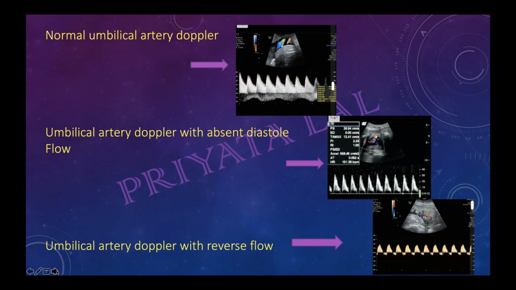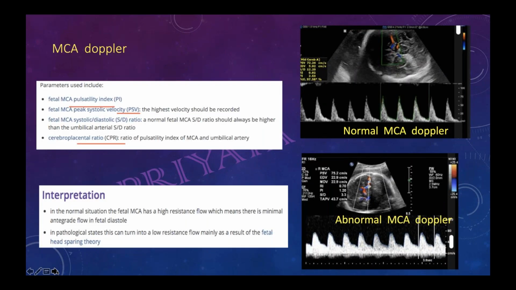Okay. Now another term that would be used in that table is MCA Doppler. MCA, you already know, is the middle cerebral artery. So this is the normal picture of the middle cerebral artery Doppler. These are calculations done by the machine, but not important for you. Usually in the MCA Doppler they calculate the RI and PI values, and these usually decrease with the pregnancy.